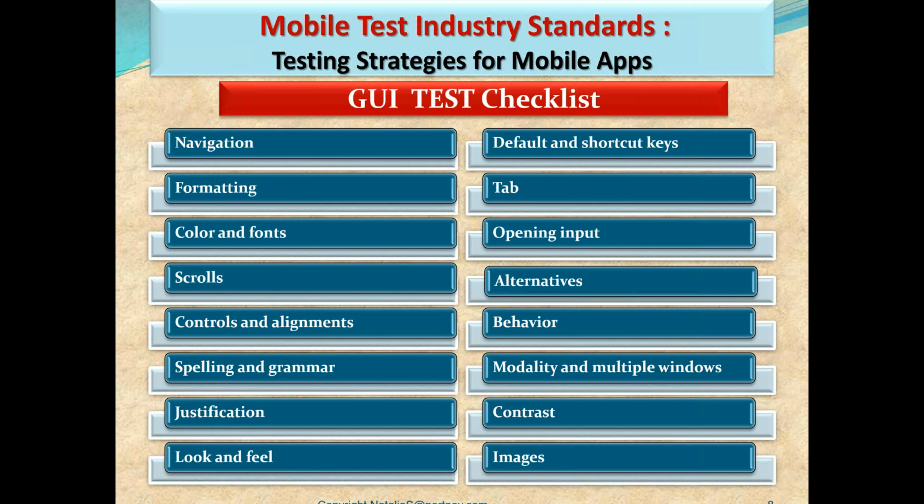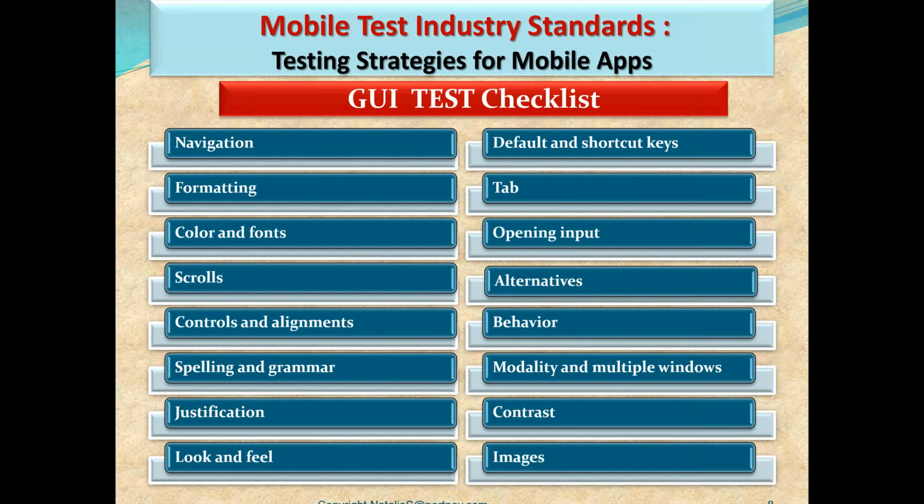Elements like text displayed in windows or screens, captions, error messages, field prompts, status bar options, and pop-up text must be of correct spelling and grammar. Justification. The numerical fields should be right justified, while character and alphanumeric fields should be left justified. Check for any default displays.